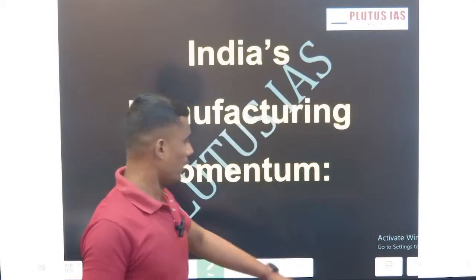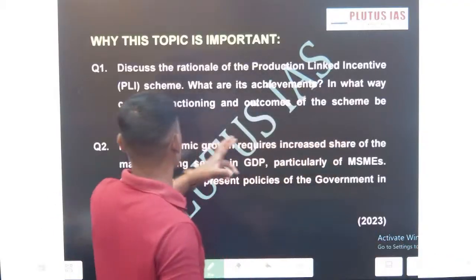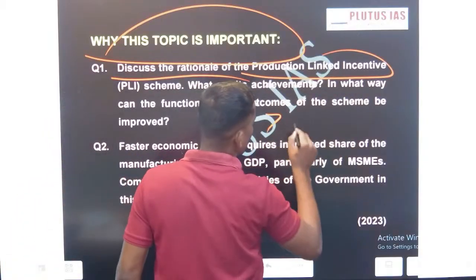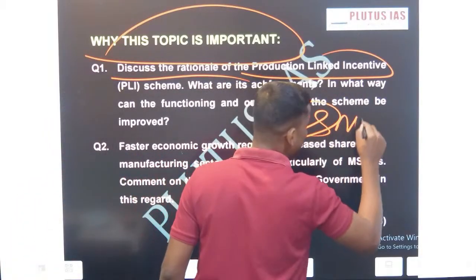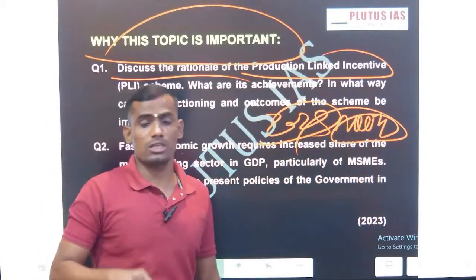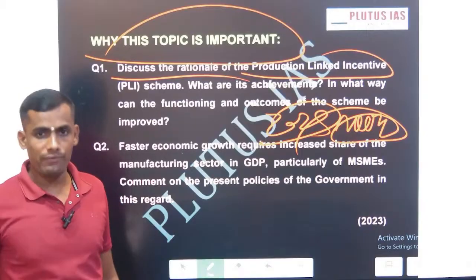These are the prelims and mains questions UPSC has asked earlier on the manufacturing sector. This is the 2025 mains question, exactly on the PLI scheme, the production linked incentive scheme, question number 12 of 2025 mains.